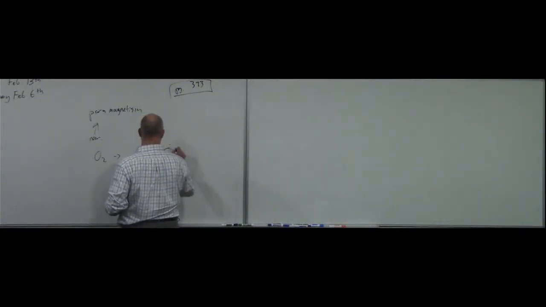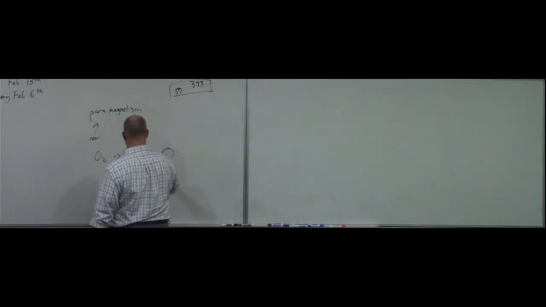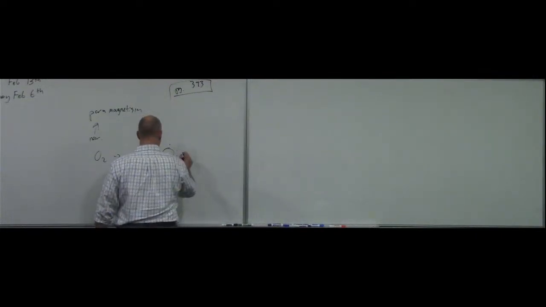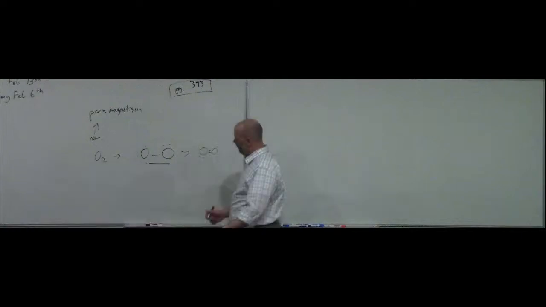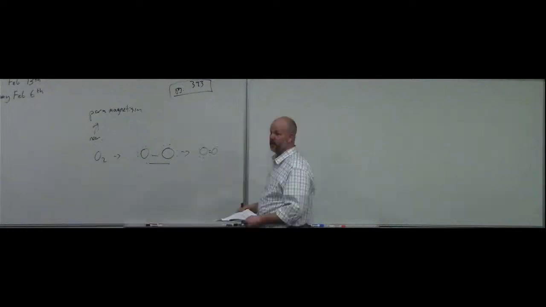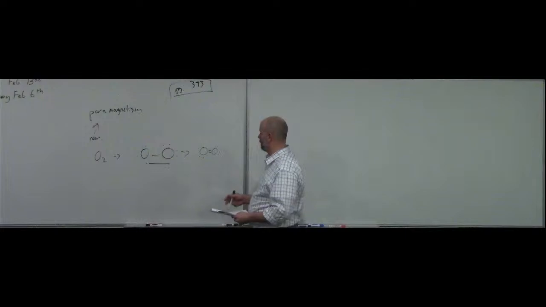All right, 1, 2, 3, 4, 5, 6. Needs to make 2 bonds, right? Let me help myself out over here. 1 here, 1 here. A simpler way to draw this, of course, is like this. All right. What shape is this going to have? Linear. It's going to be linear, right? Good.